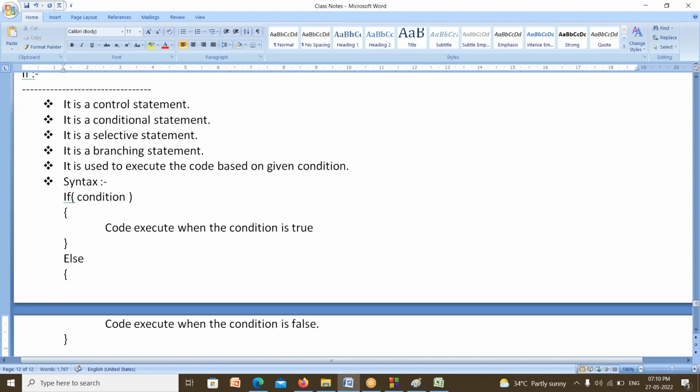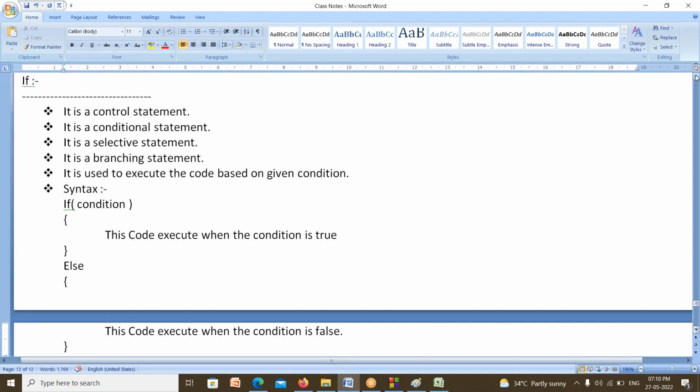This code will be executed when the condition is true. This code will be executed when the condition is false. Right? So this is the syntax of the if statement.